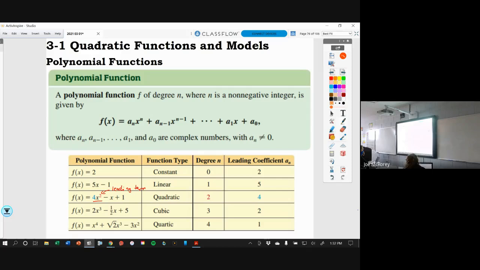The next one, 2x cubed minus 1/2 x plus 5. The highest exponent is the 3. That makes it a cubic. That makes it a third degree polynomial. 2 is the leading coefficient.